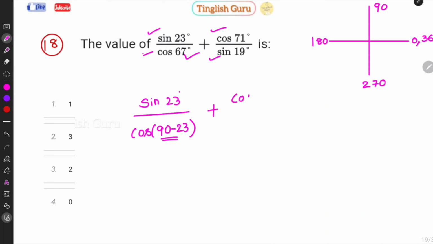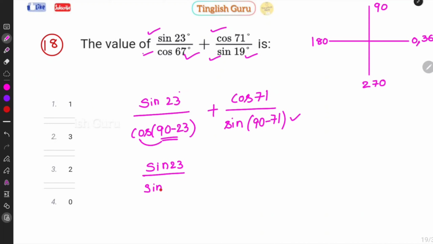Similarly, cos 71 divided by sin of 90 minus 71. 90 minus 71 is 19. So next step is sin 23 divided by cos of 90 minus 23, and at 90 degrees cos will become sin, and the sign is plus because 90 minus means first quadrant.